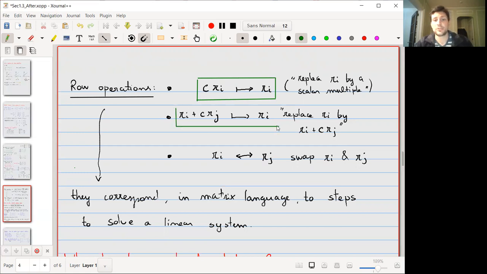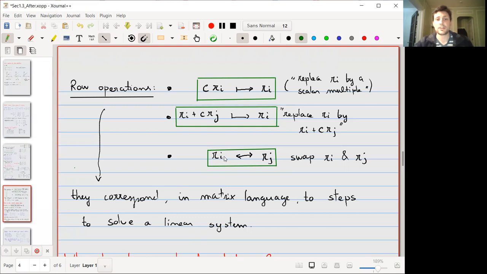I am allowed to replace a certain row Ri by itself plus the scalar multiple of another row, c times Rj. And the third legal operation that I can make is to switch rows within one another. These 3 are the elementary row operations.